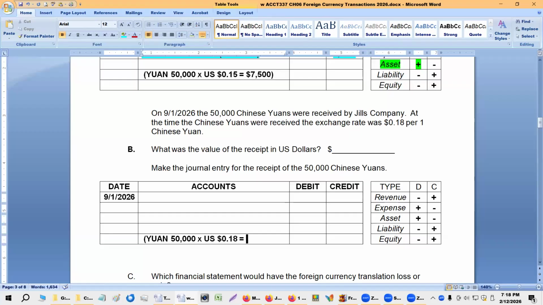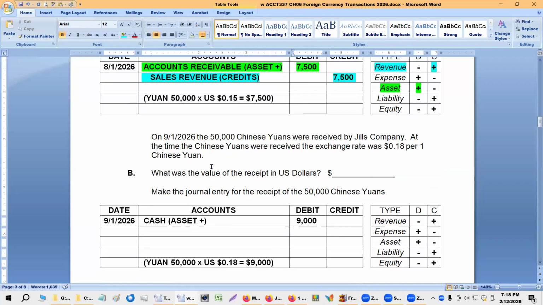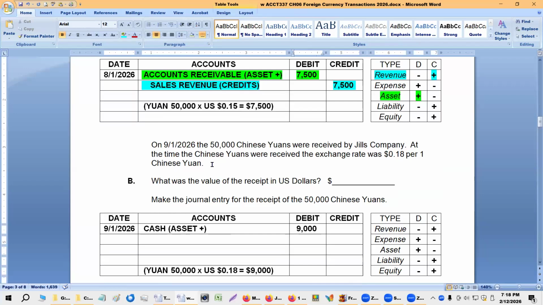They're 9,000. Yep. Okay, so when they actually paid it, this is how much cash we got. Do we have a gain or loss on this?